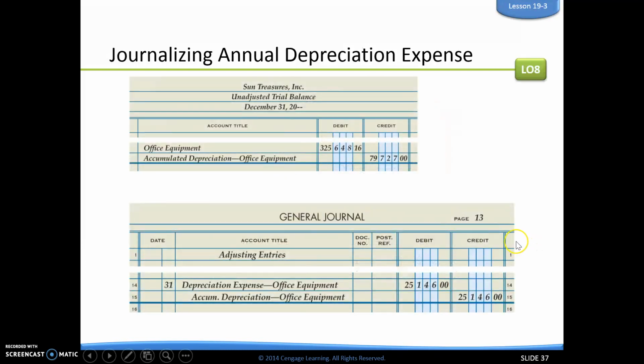So what that actually looks like, remember that this is the unadjusted trial balance. This is just showing you what your total for office equipment is and then the total for accumulated depreciation. Then in our general journal, we need to make that adjusting entry where we debit depreciation expense and credit accumulated depreciation for our office equipment plant assets.